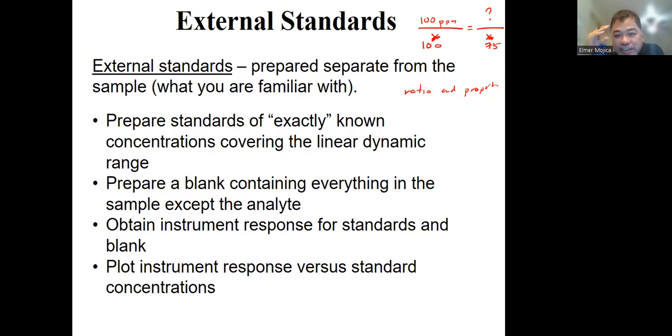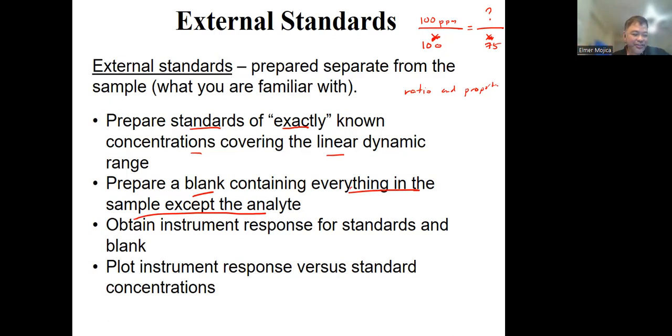That is why the usual practice is to prepare standards of exactly known concentration covering a particular range. And then you prepare a blank. You define a blank as everything in the sample except the analyte. Can you say that the blank can always be water? Yes or no?